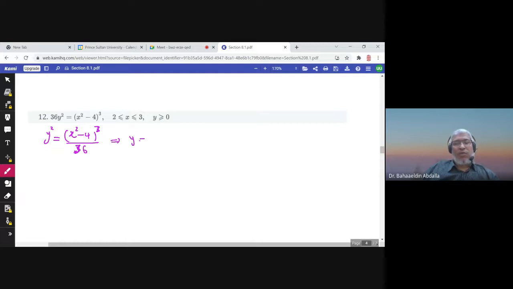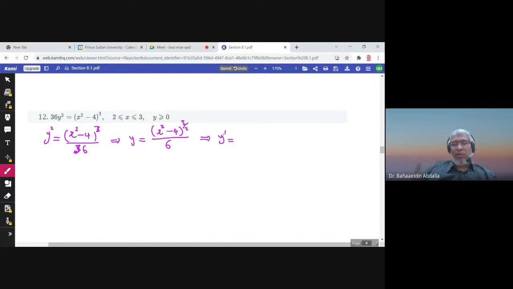And then y would be plus or minus the square root, but he said y is positive, so we take the positive square root. The square root of 36 is 6, and this would be (x squared minus 4) to the power 3 over 2. It's to the power 3. When we raise it to the power half, or when we take the square root, it would be to the power 3 over 2. Well, y prime, we need y prime now.